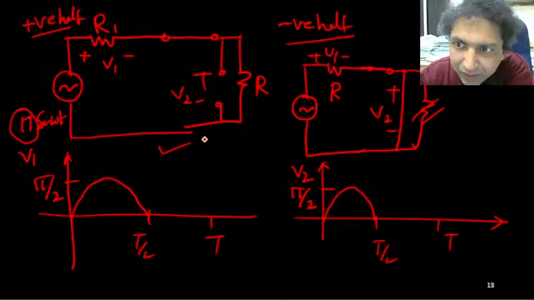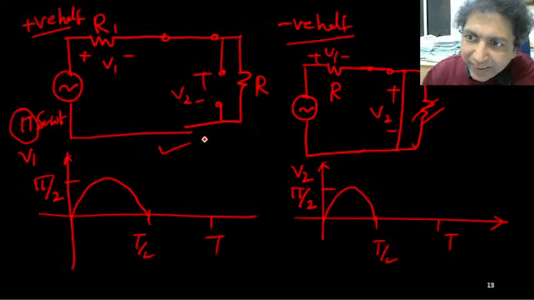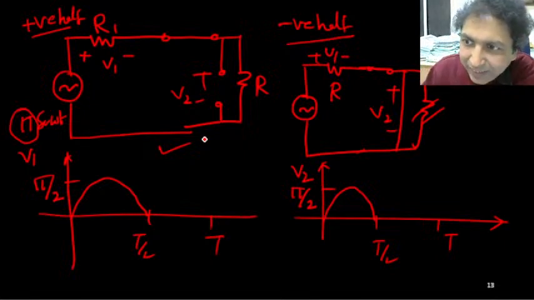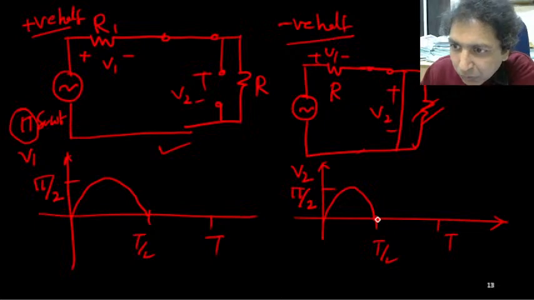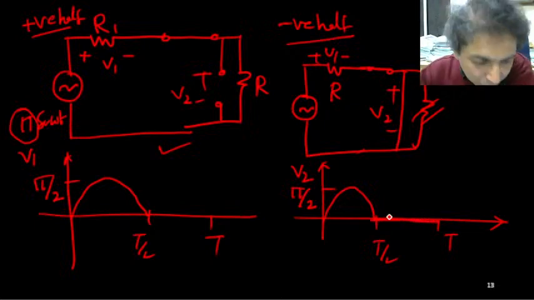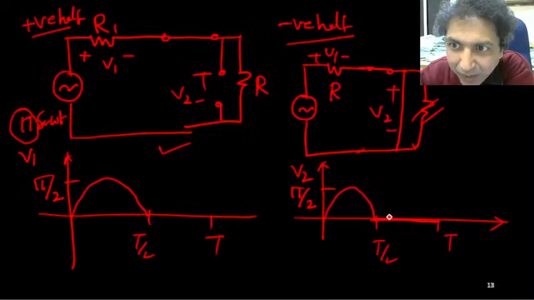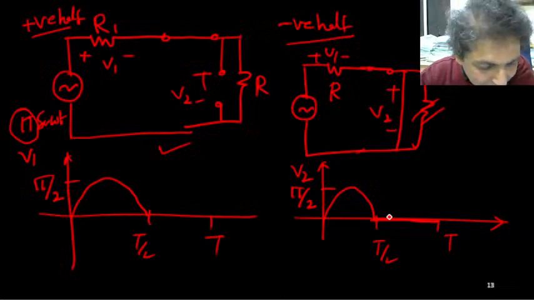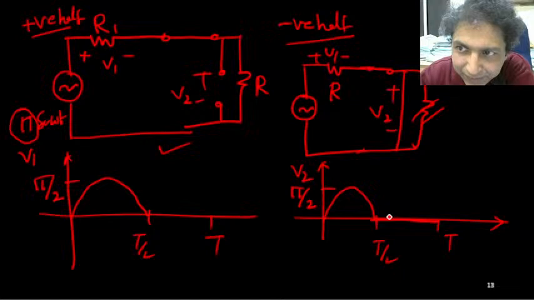Okay. Now the second one, negative half. What is happening? It is sure that V2 will be 0. Right? V2 is 0. But what about V1? What is V1? V1 is simply the input voltage.